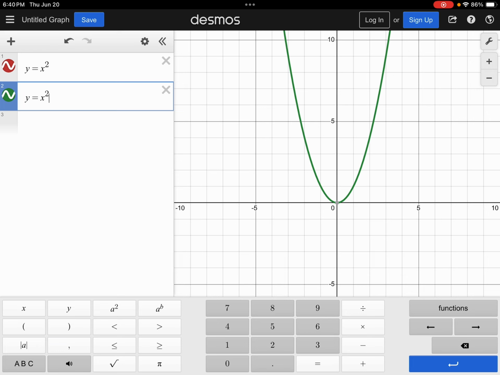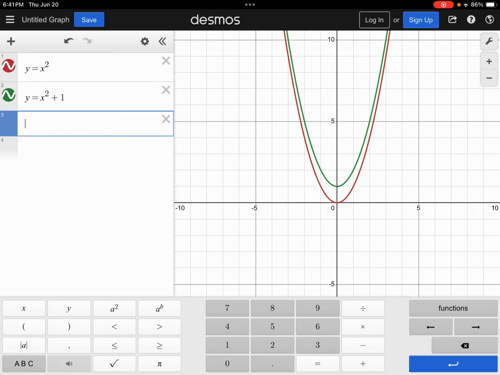If you use your pre-algebra skills of what would happen to a line, you would understand that that would be the y-intercept, and the parabola would just go up like that. And we can also make the parabola go down by doing minus 1.